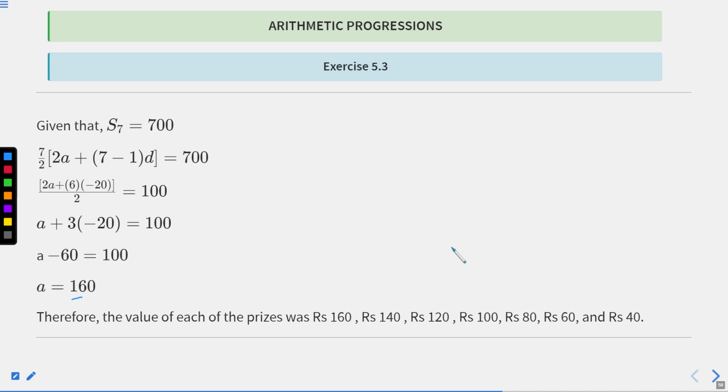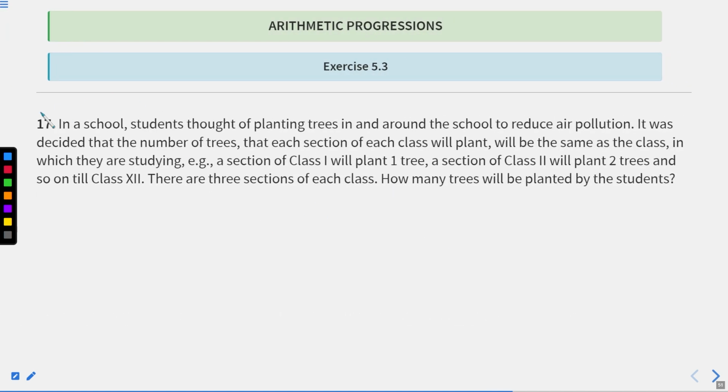Now let us solve question number 17. In this question, it is said: in a school, students thought of planting trees in and around the school to reduce air pollution.